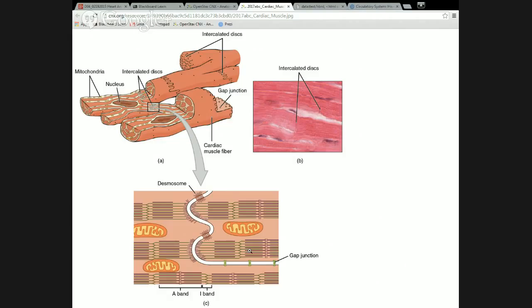The gap junctions tell us something about how the heart solves a very important problem. This problem has to be solved by skeletal muscle and cardiac muscle. They just solve it in different ways because those two types of muscles are different in a certain aspect.